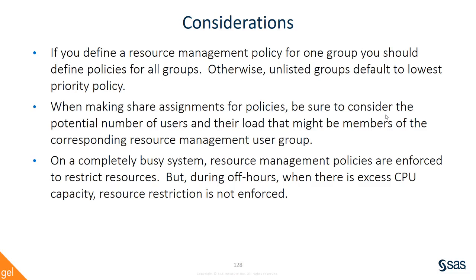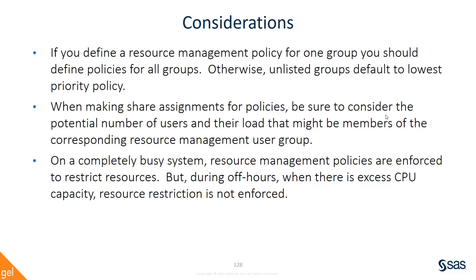When you're defining the groups, you need to kind of have some idea of who the users are. So for example, if I put all my high-end analytic users in the lowest priority, they're going to be waiting a long time potentially, right? If the system gets real busy, they have the lowest priority. So you just have to determine how many users fall into a category and kind of what their workload is.